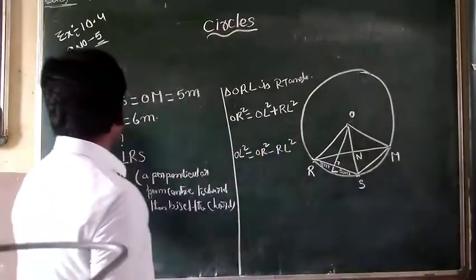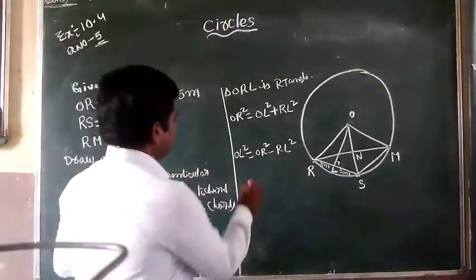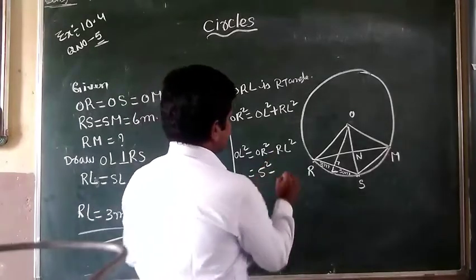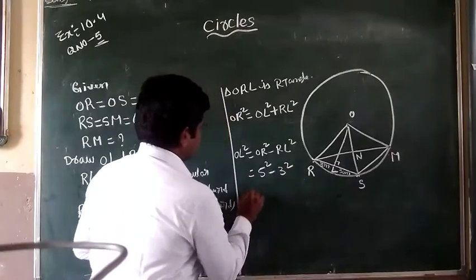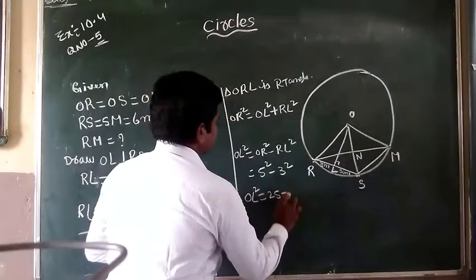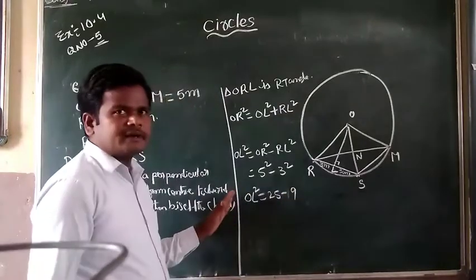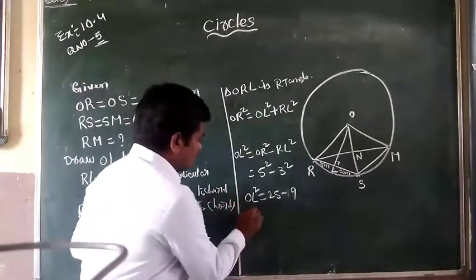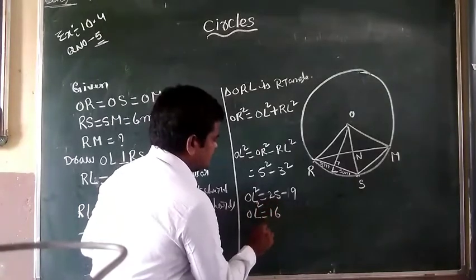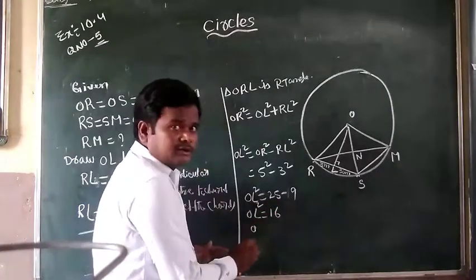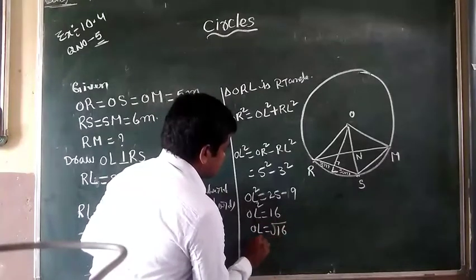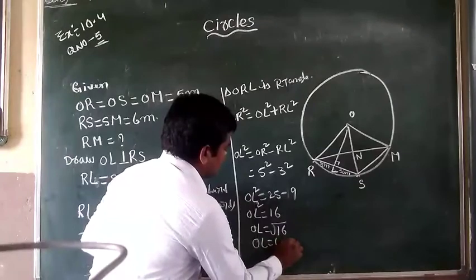What is OR here? OR equal to 5 meter. So OL square equal to 5 square minus 3 square, which is 25 minus 9, so OL square equal to 16. OL equal to square root of 16, OL equal to 4 meter.